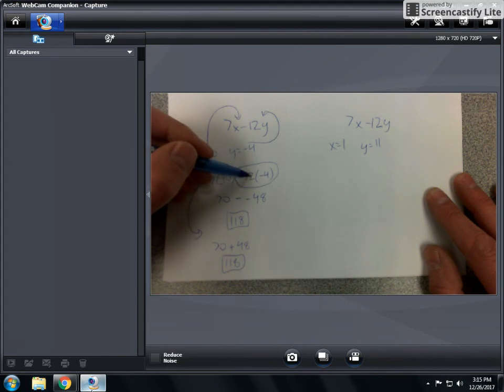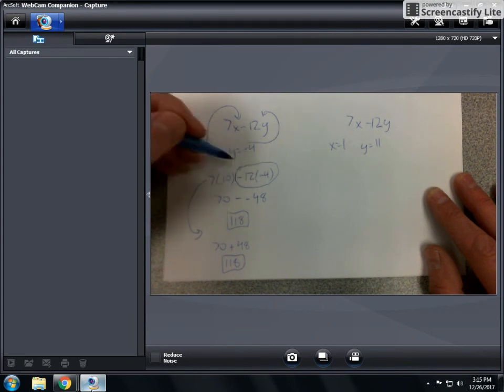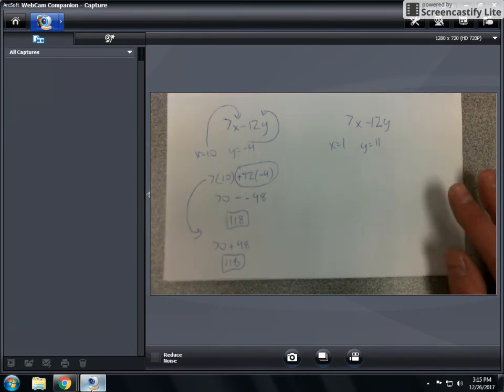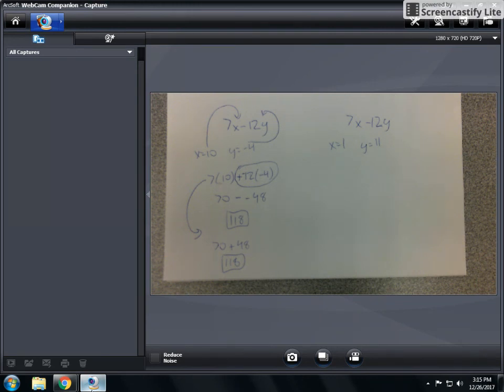It could be a positive 12 times negative 4 and subtract that. Or you can view this as a negative 12 times negative 4. And that does work for those of you who are skeptical, because you can always change subtracting a positive 12 to adding a negative. Subtracting is the same as adding the opposite, adding a negative. So you can use that property to help.